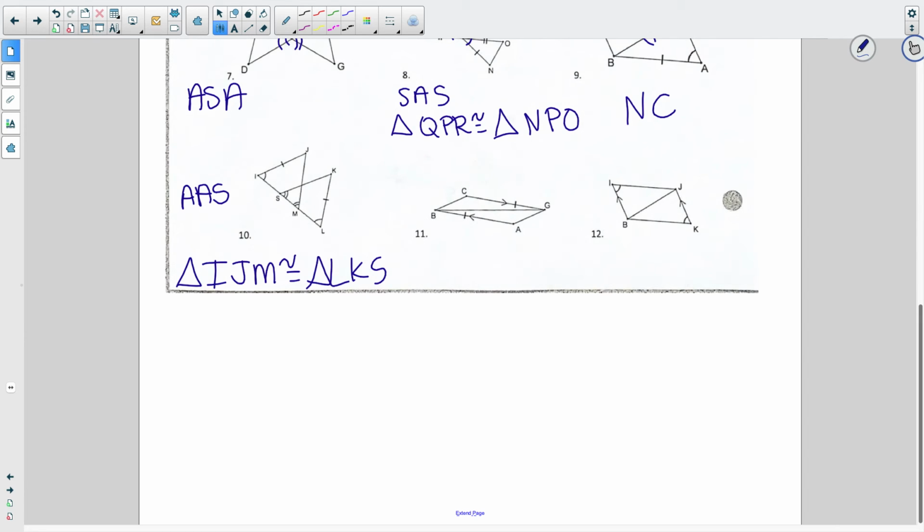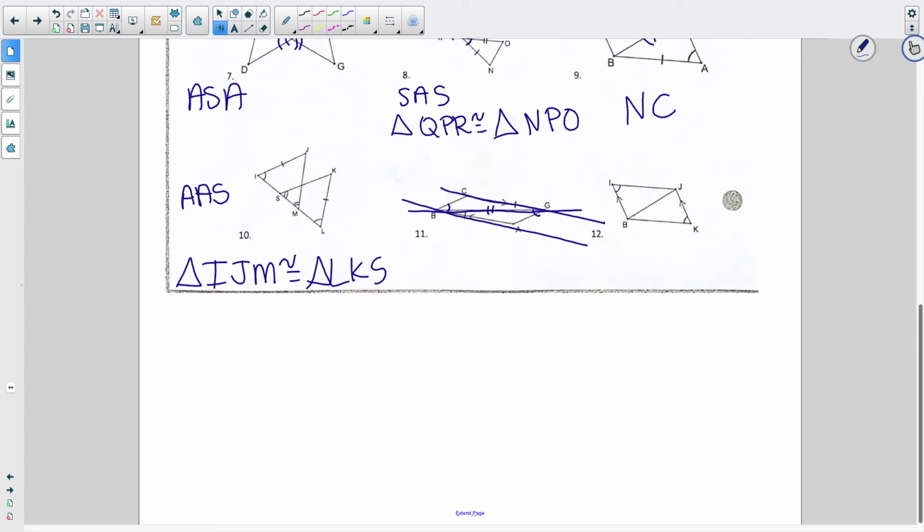Okay, on number 11, we can mark this guy in the middle because they share. But those arrows mean that these lines are parallel. So we're going to have a transversal. So if I do this transversal right here, I can say alternate interior angles are congruent.